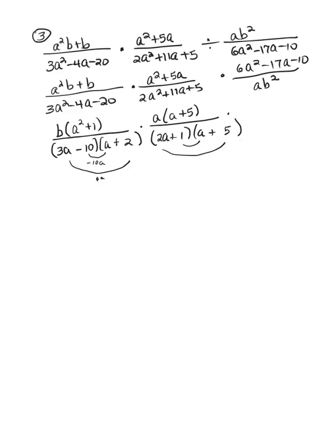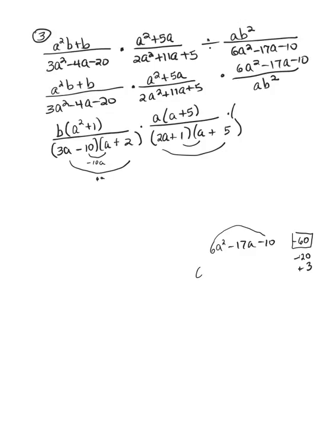And the last one, we have to factor 6a squared minus 17a minus 10. Now this one was tricky. So we multiply the 6 by the negative 10, we get negative 60. And 2 factors of negative 60 that add up to negative 17 would be negative 20 and positive 3. I thought that was tricky.